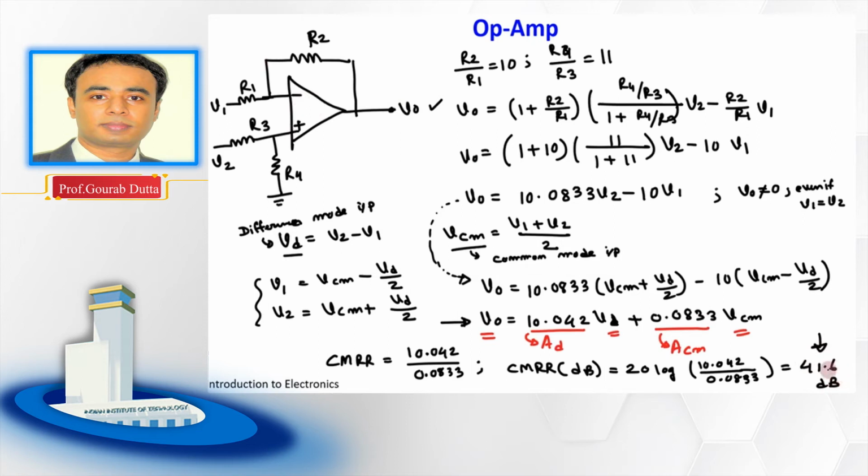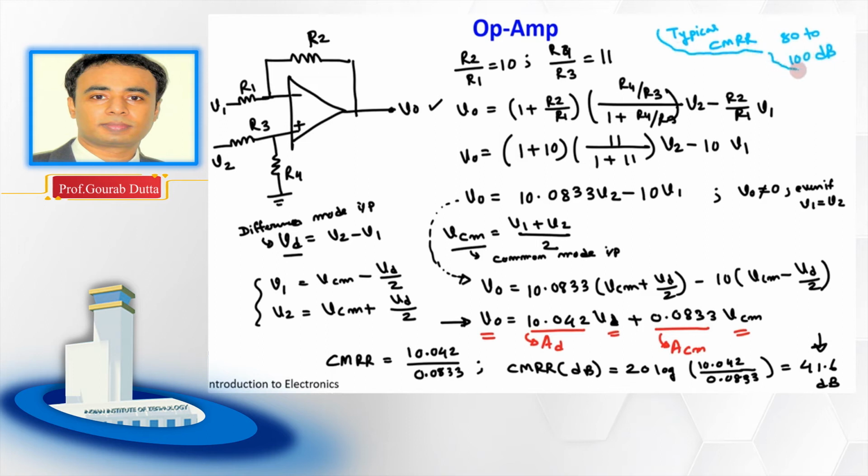And in general, for your information, typical CMRR values lie between 80 to 100 dB. So let me write it here. This typical CMRR is between 80 to 100 dB, right?